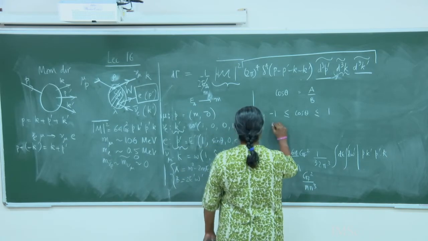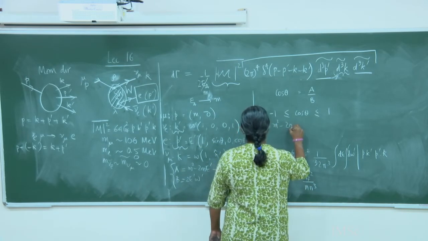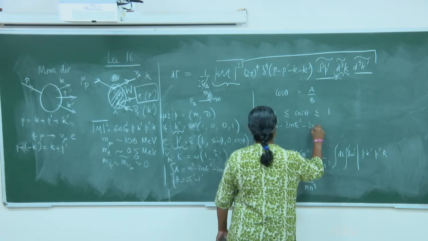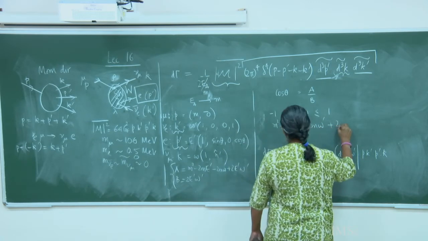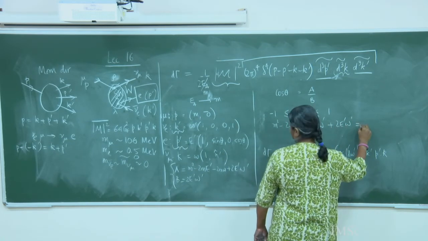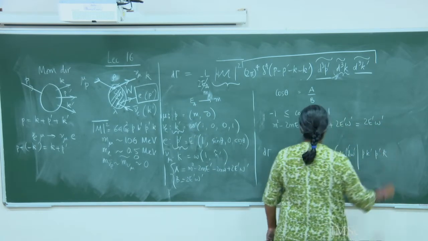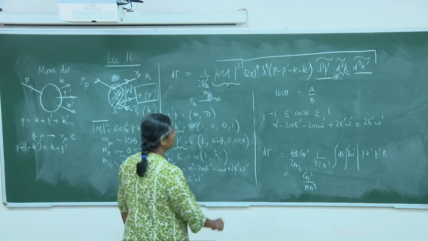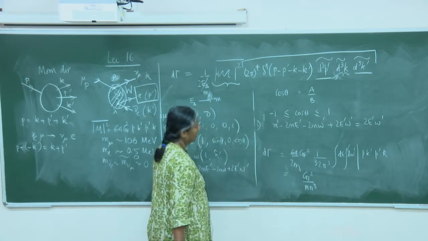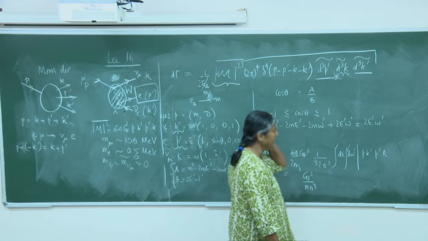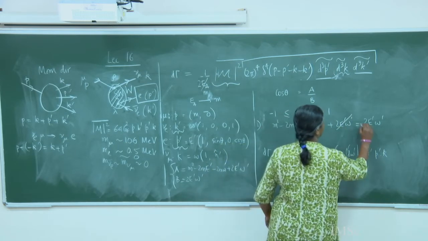So first let me write a as m squared minus 2m e prime minus 2m omega prime plus 2 e prime omega prime. Maybe somebody should just work it out in their own notebooks and see if they get the answer. So I am using first the plus 1 case. I have taken a is equal to plus b. You can see that these two will cancel.